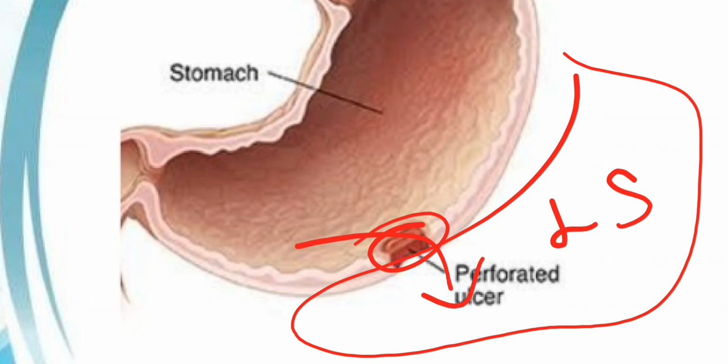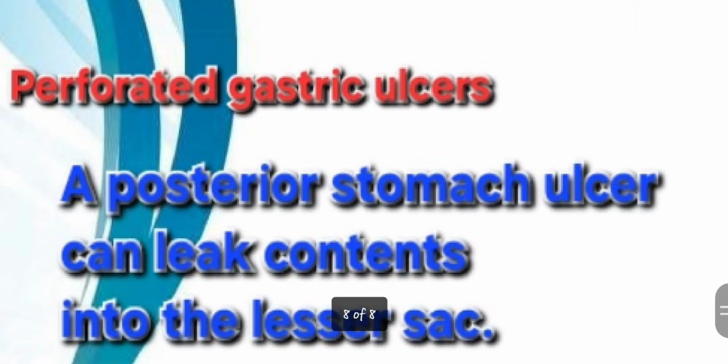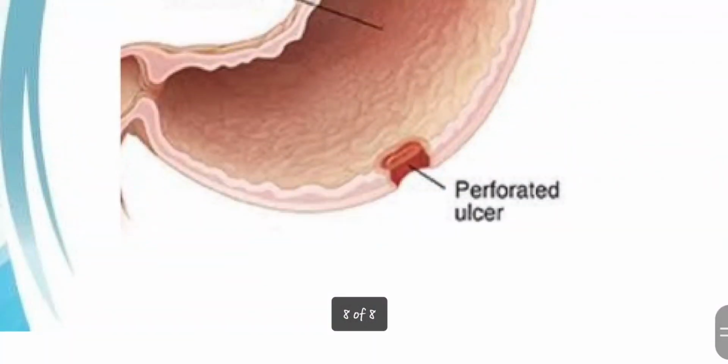Normally the acidic content should be within the stomach. When it leaks out, it enters the lesser sac and leads to complications. That is known as a perforated gastric ulcer. So these are about the lesser sac. Thank you.